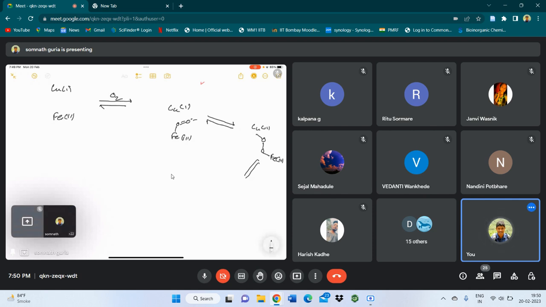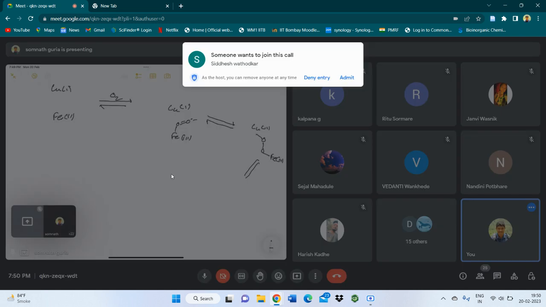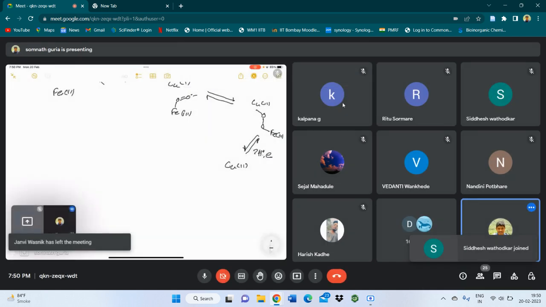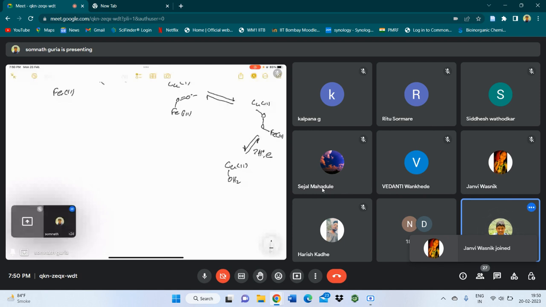Forms two protons and H plus, one electron, forms the copper 2, OH2, and it forms the iron superoxide species.